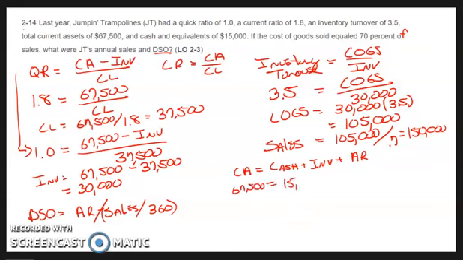Cash is 15,000, plus our inventory from before is 30,000. So that's 67,500 minus 45,000, so that's 22,500.